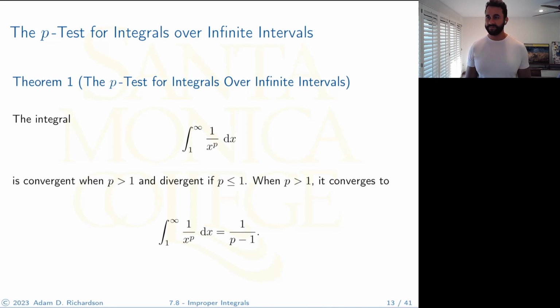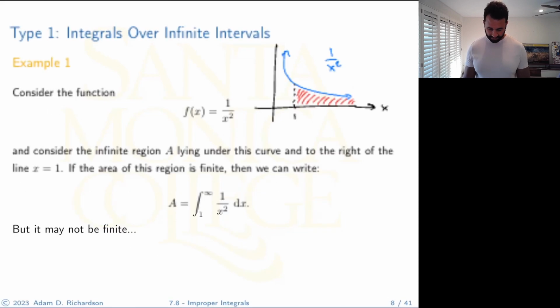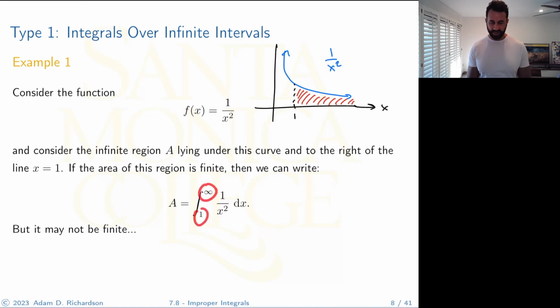Maybe now let me flash back to a previous example we did, this one right here. Remember this one? This is a p integral. Notice that the lower bound is 1, the upper bound is infinity, and the integrand is 1 over x squared. So we can apply the p-test. The p-test says to look at that exponent.